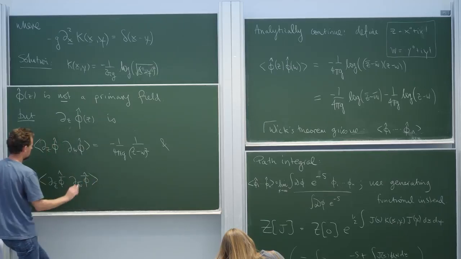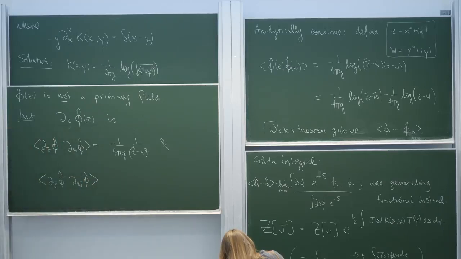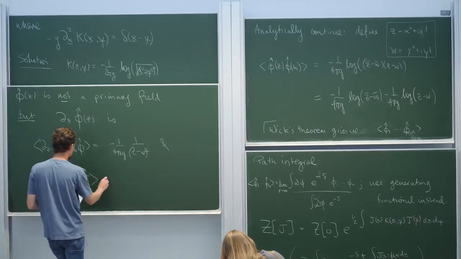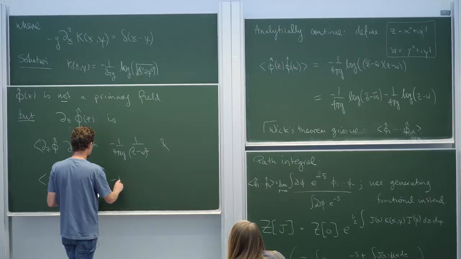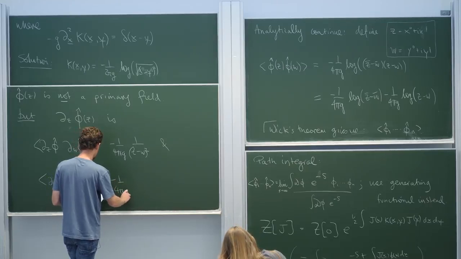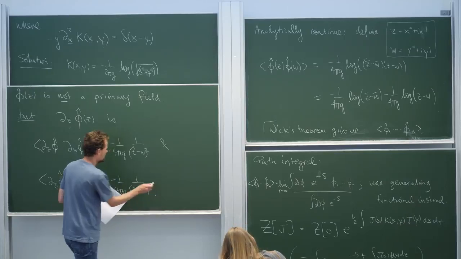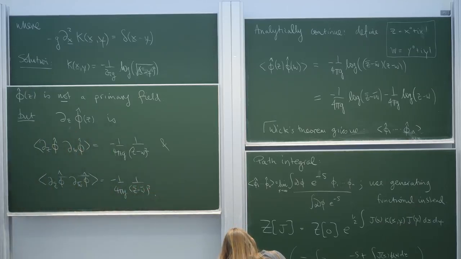I guess I'll put bars over them for the anti-holomorphic. So that's perfect. That's exactly how primary fields behave at dimension 1. Right? h is 1.